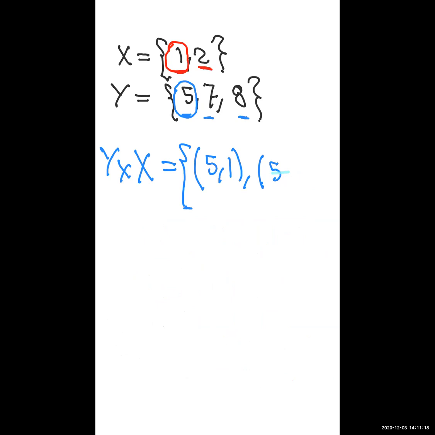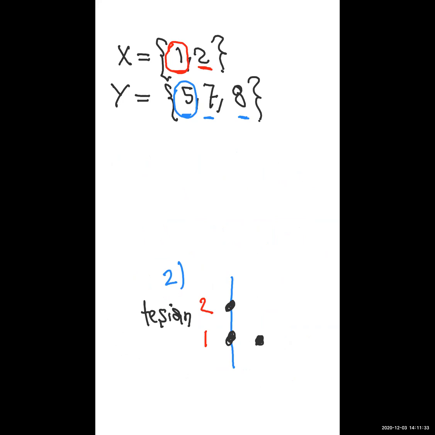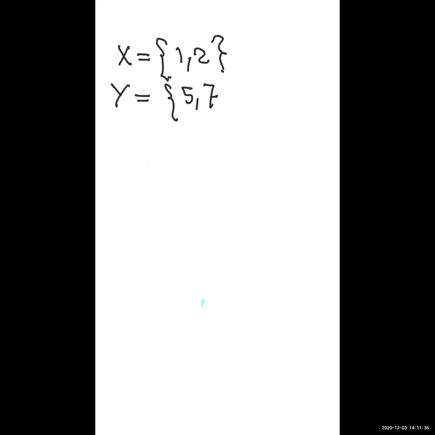The next point, if I want to get x cross x, I have to clear a space on the board. So x cross x means I'm going to use x here as first projection and also second projection.